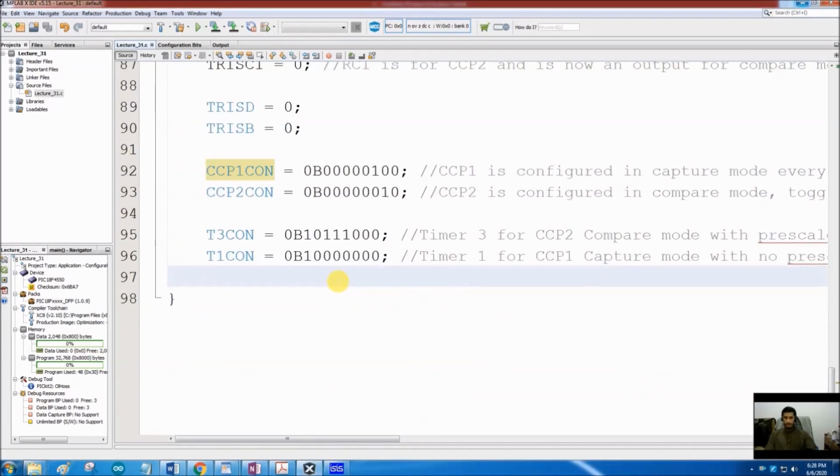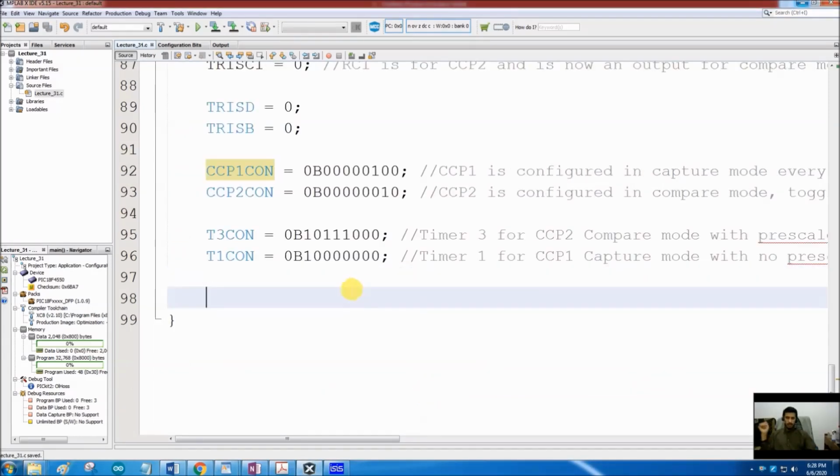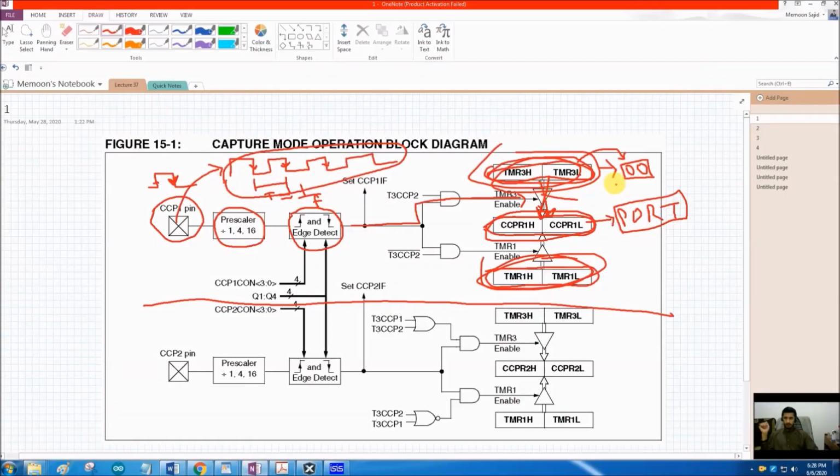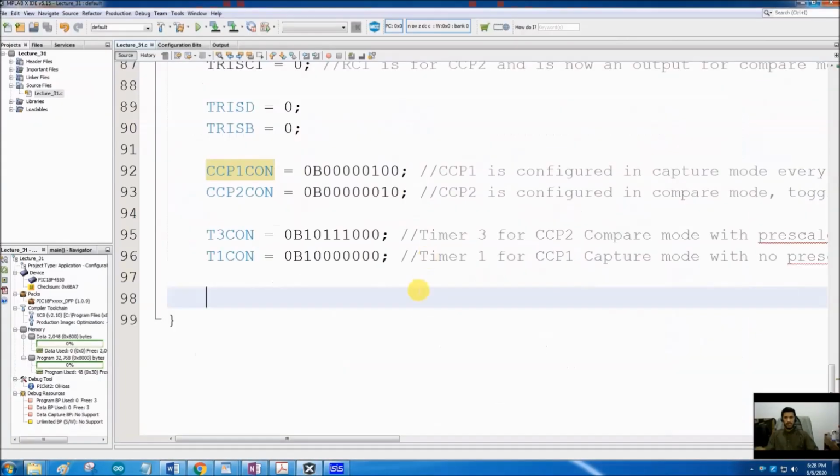Next, in capture mode, what did we want to do? We wanted to reset or clear this timer every time the event occurred, every time a falling edge was detected. So we either have to manually check the CCP1IF flag, or we can enable an interrupt for this. So whenever an interrupt comes, we know that an event occurred. So let's enable the interrupt for CCP1.